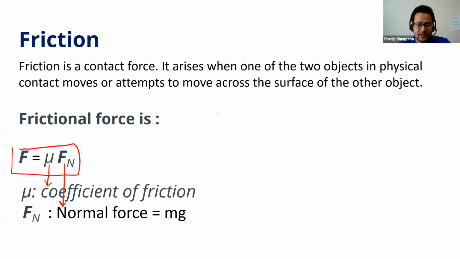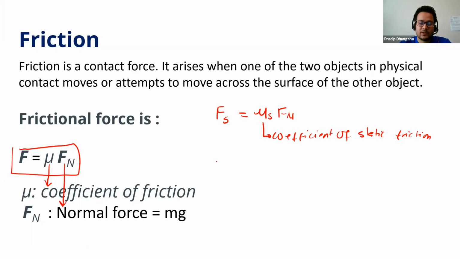If the object is at rest, that frictional force is called static frictional force, F_s equals mu_s times F_n, where mu_s is the coefficient of static friction and F_n is the same normal force.